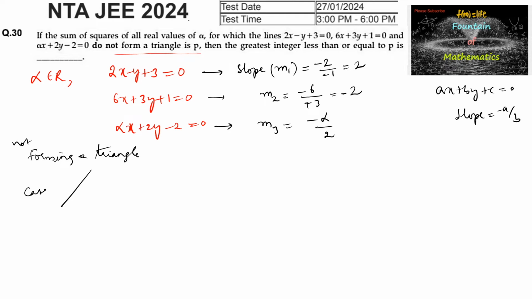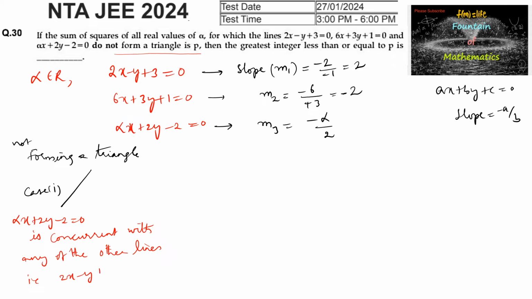Case 1: either alpha x plus 2y minus 2 is equal to 0 is concurrent with any of the other lines, that is 2x minus y plus 3 is equal to 0, or 6x plus 3y plus 1 is equal to 0.